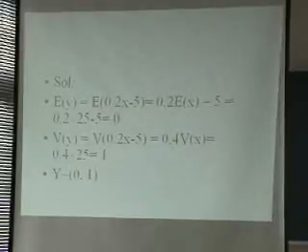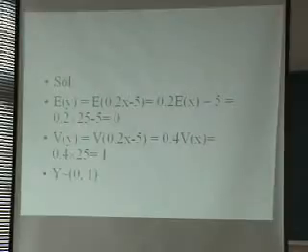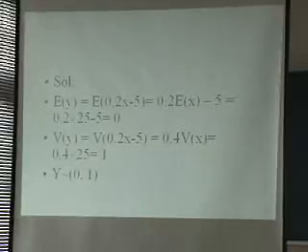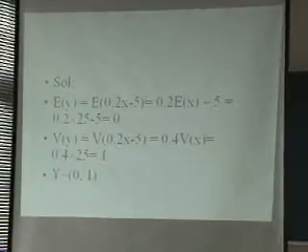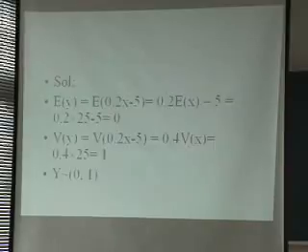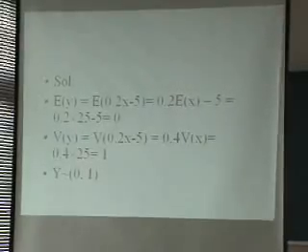It is V of 0.2X minus 5, because it is (X minus 25) divided by 5, right? So X over 5 is equal to 0.2X, and minus 25 divided by 5 is equal to negative 5. So what you get: V of 0.2X minus 5 is equal to 0.04 times V of X, and that is actually equal to 1.